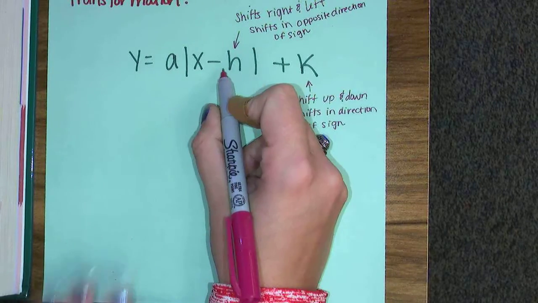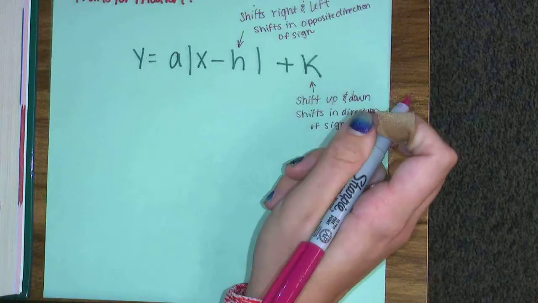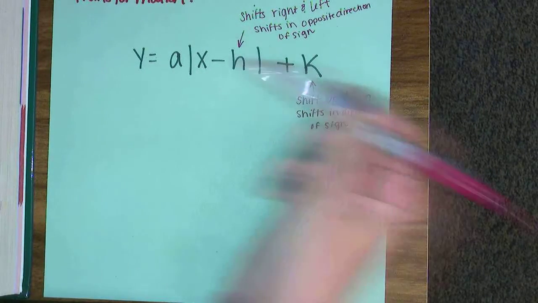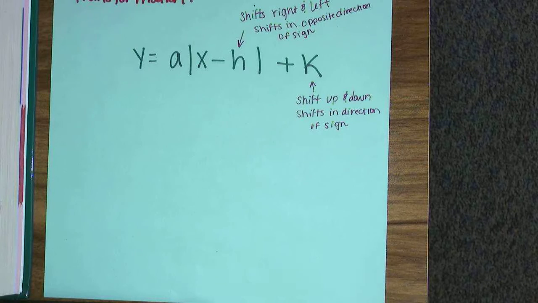Okay, so when it's negative like this, it goes to the right. When it's positive, it goes to the left. X is obviously just the initial function, and then whatever's happening to it.